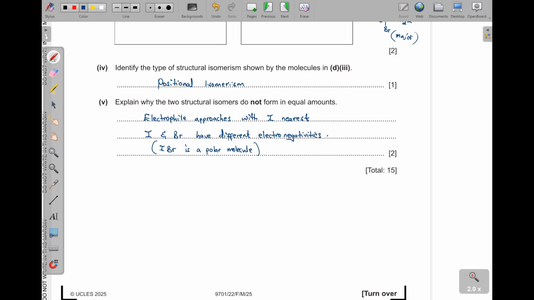So if the attack is from the iodine side, the product is going to be formed from the secondary carbocation.